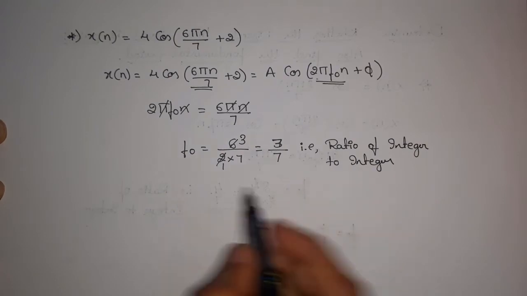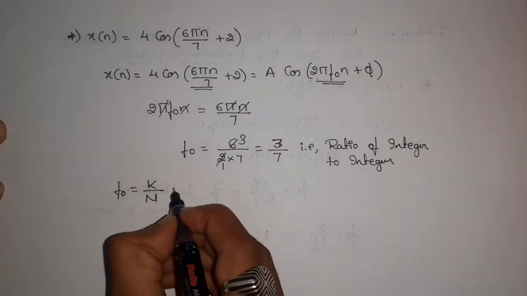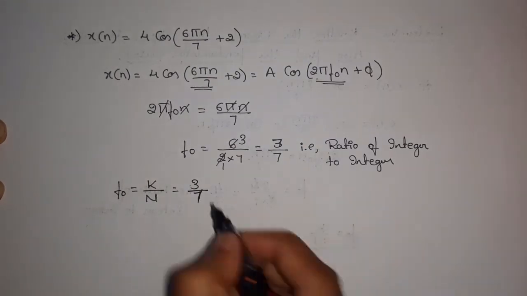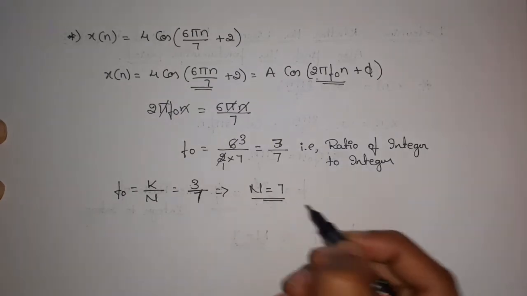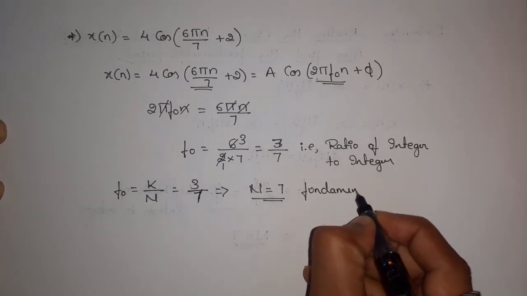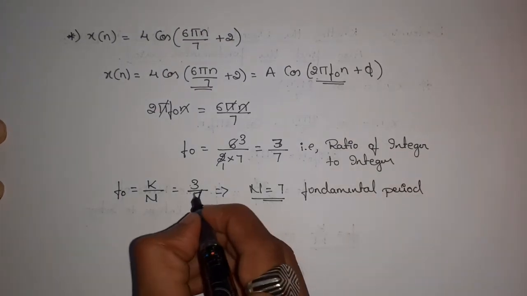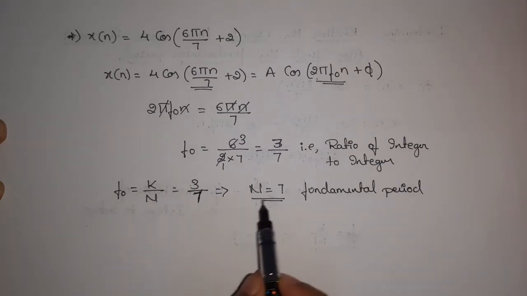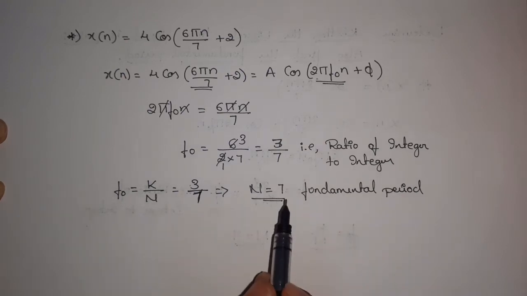Now we need to find the fundamental period by comparing with k by n, which is 3 by 7. This leads to n is equal to 7 as the fundamental period, where k is equal to 3.